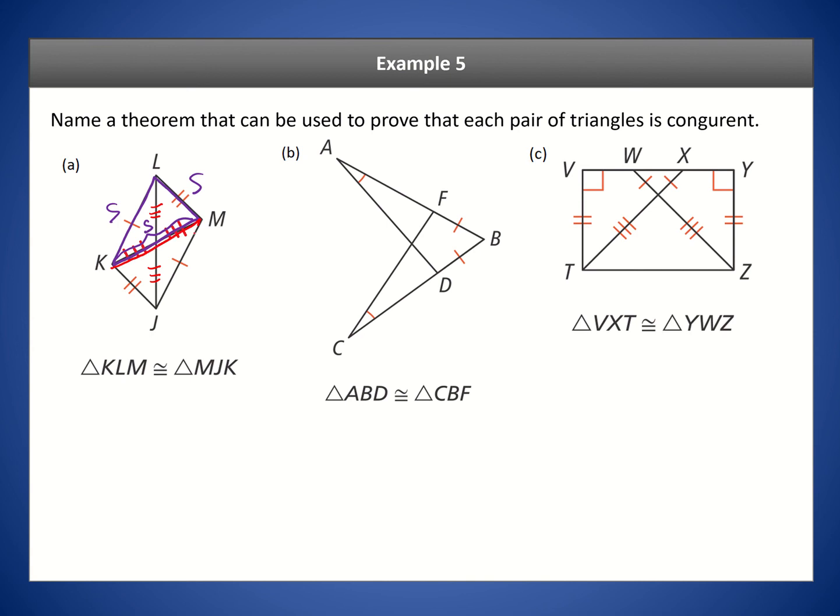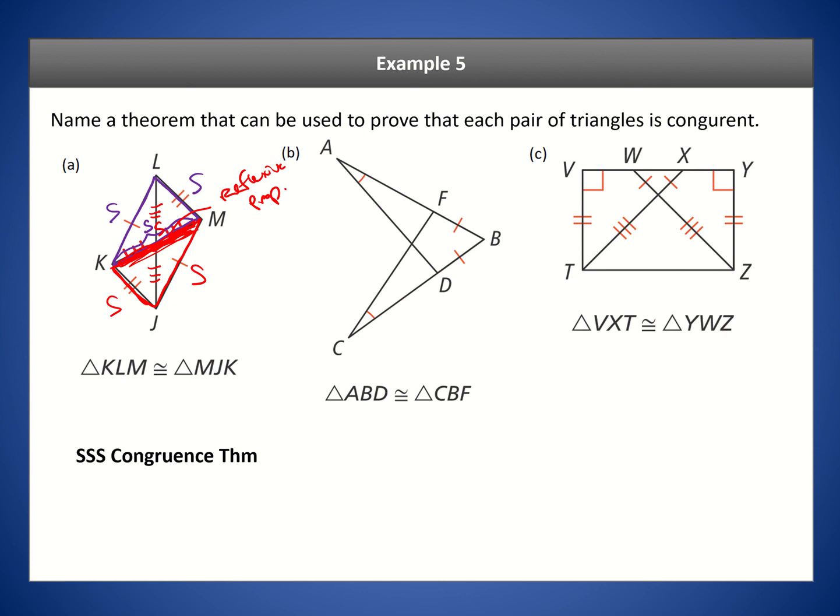And if you look at this other half, we have a side corresponding to the other side, this side corresponding to this top right side, and this side is congruent to itself. It's the same length side, so it's congruent to itself by the reflexive property. And therefore, we can say that this is SSS. So we can prove that these triangles are congruent by SSS.